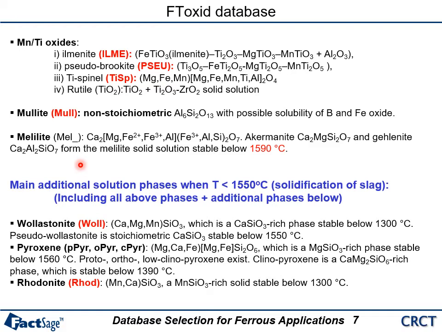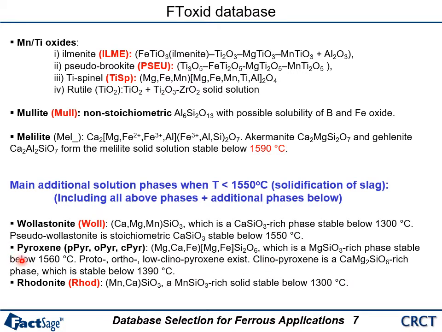And now when you do casting, especially casting with mold flux, and also when you consider inclusions during solidification, we have to consider the following phases as well. We have the so-called wollastonite phase, which is a CaSiO3-rich phase containing a certain amount of magnesium oxide and manganese oxide. The melting temperature of this one is just below 1550 degrees Celsius.